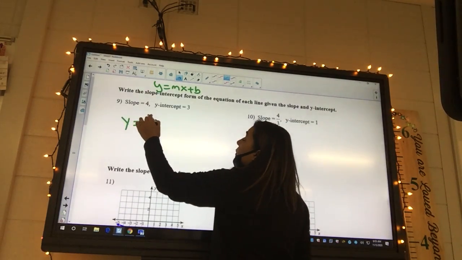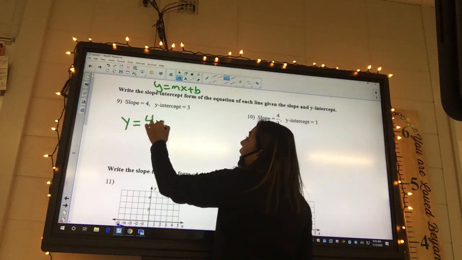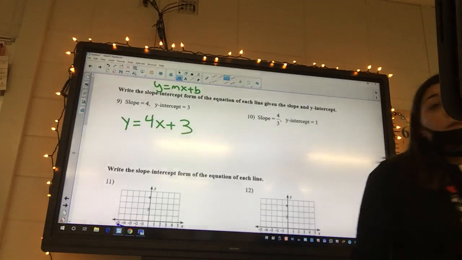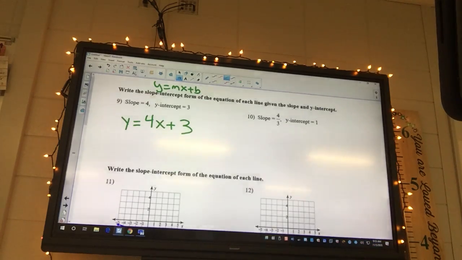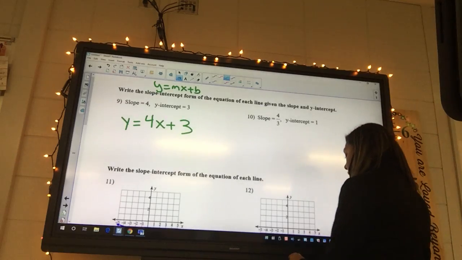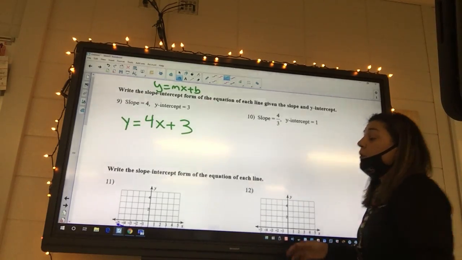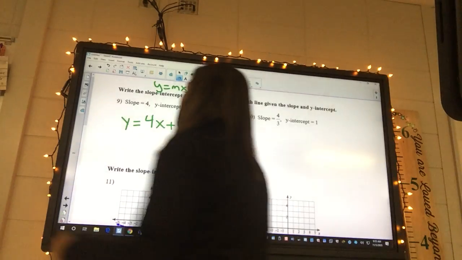Y equals 4x plus 3. That's it, because we wrote it in slope-intercept form. That y is all by itself, so we know that we're done.